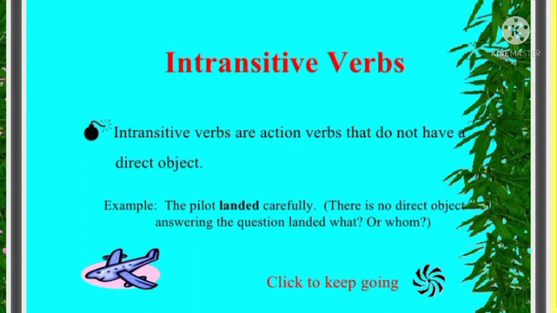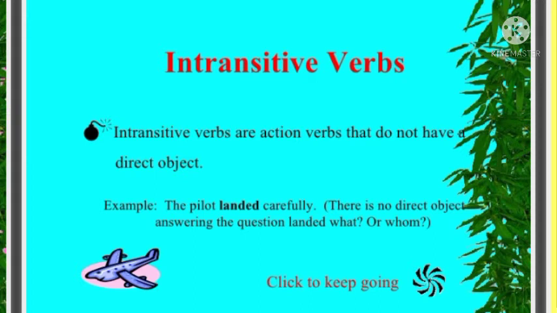When a verb does not need or does not require an object, it is said to be an intransitive verb. So an intransitive verb is just the opposite of a transitive verb.